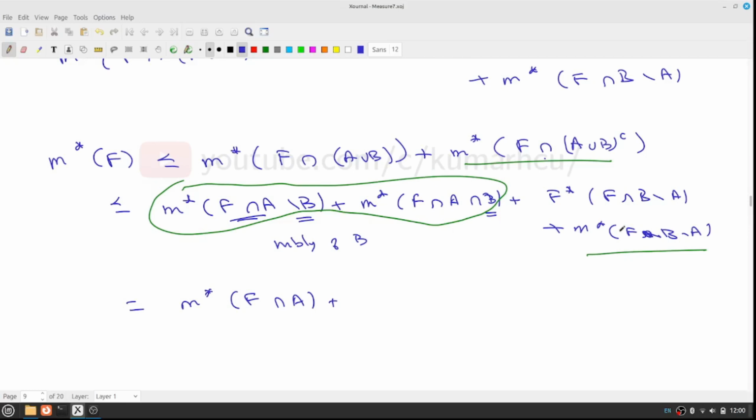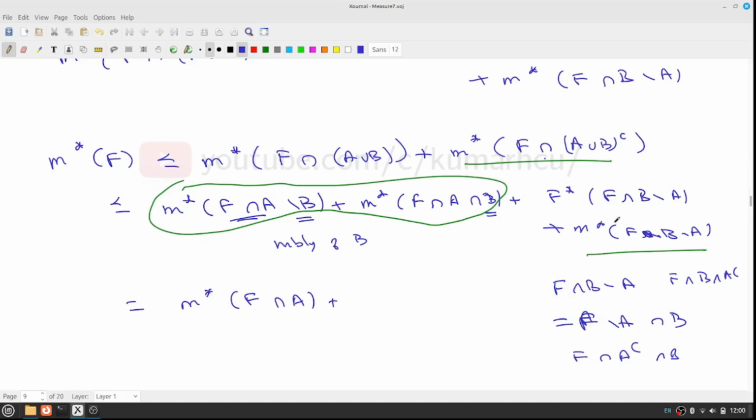Here I can use F intersection B minus A. I can as well write F minus A intersection B. Again, please check. This is very easy. This is F intersection B intersection A complement. This is also the same thing, F intersection A complement intersection B. So they are the same, right?